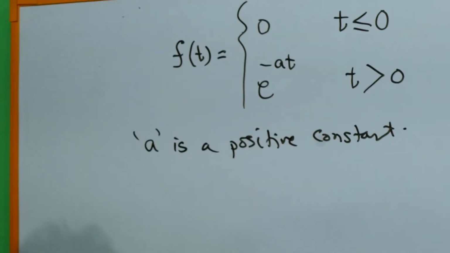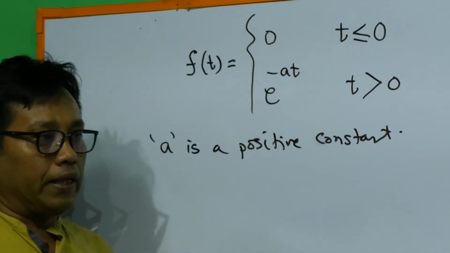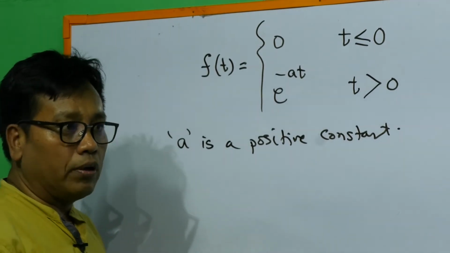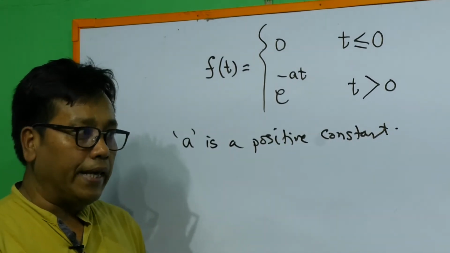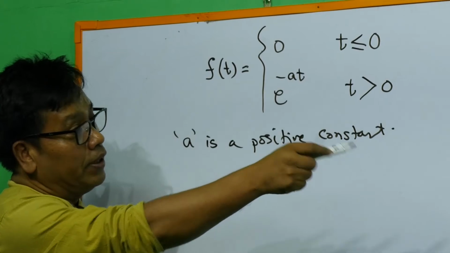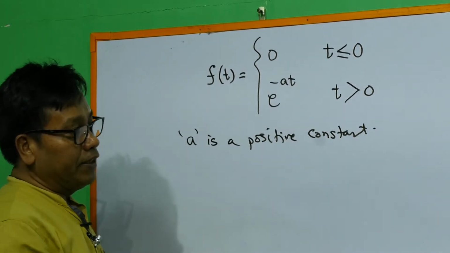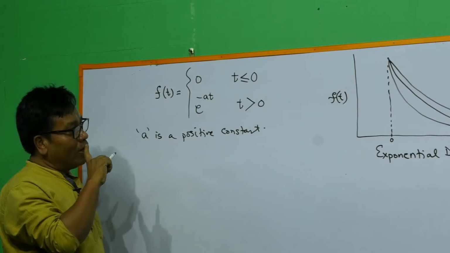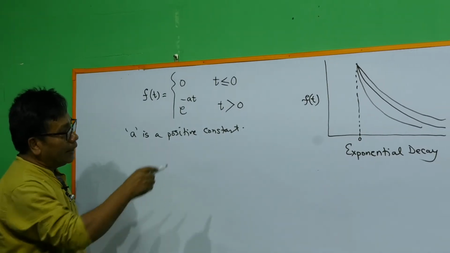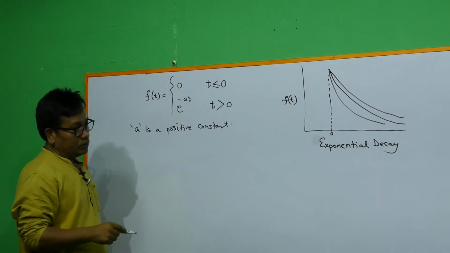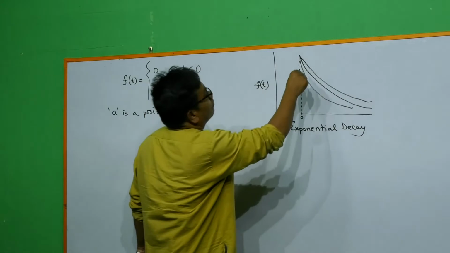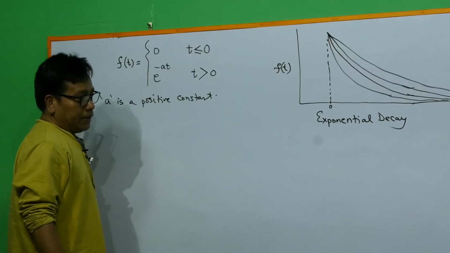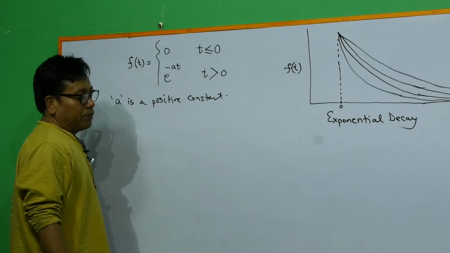This function models a signal that is 0 before it is switched on, and then it begins to decay exponentially as shown in the figure. And this figure represents the graphs for some values of a, like 1, 0.5, 0.25, typical decaying phenomena that we can see here. These meet at points lying at infinity, but forget about all these things.